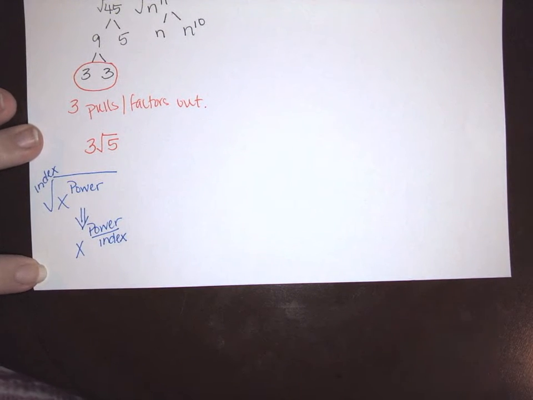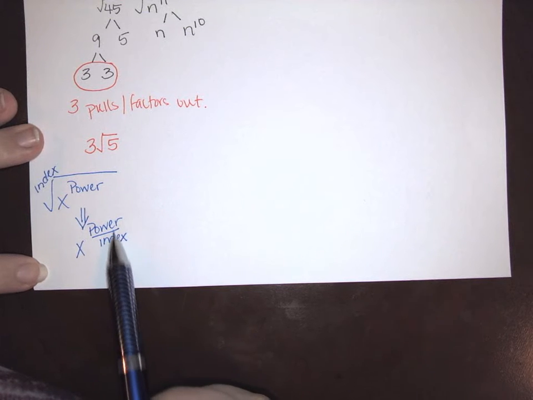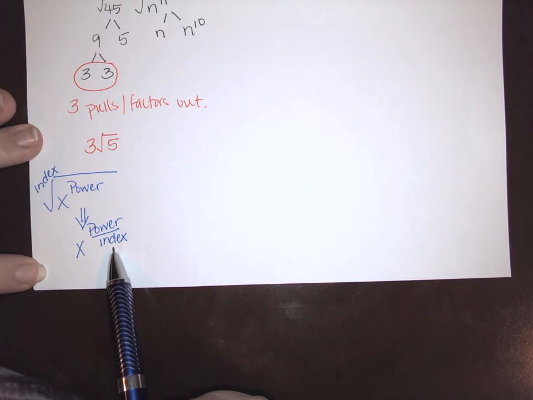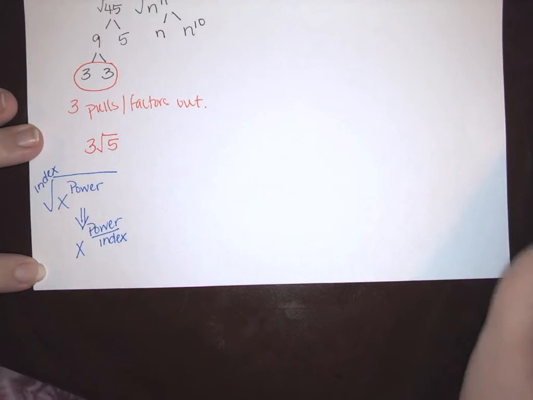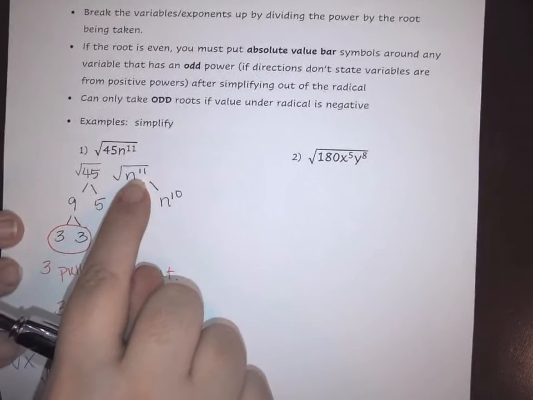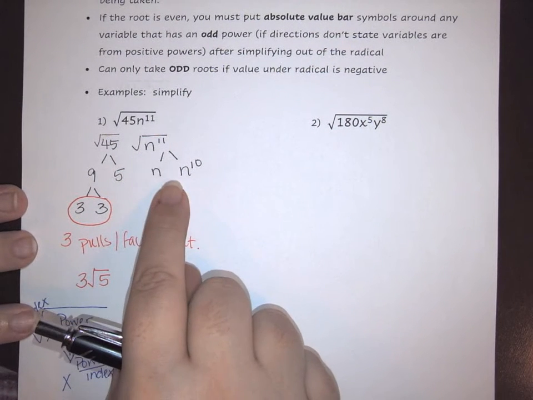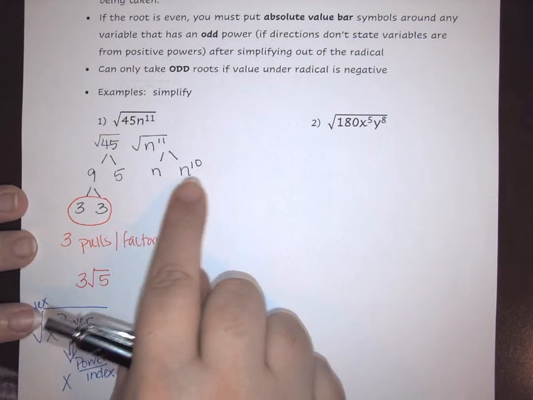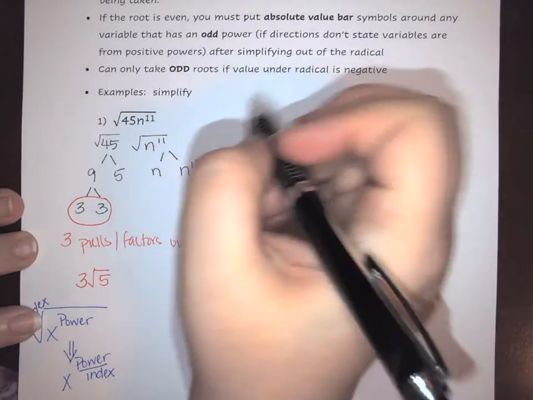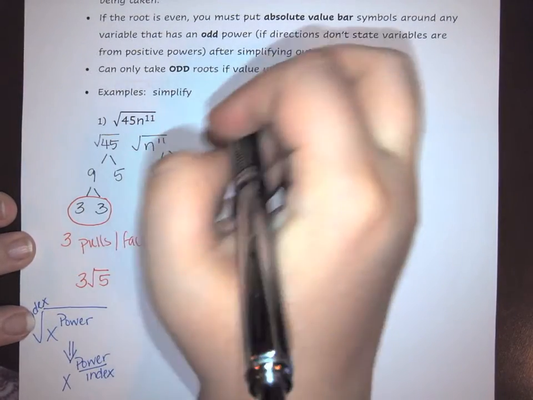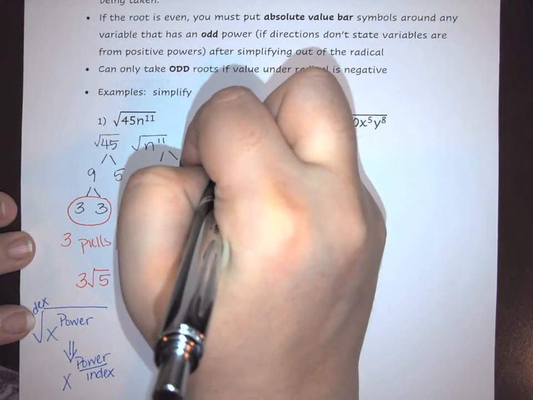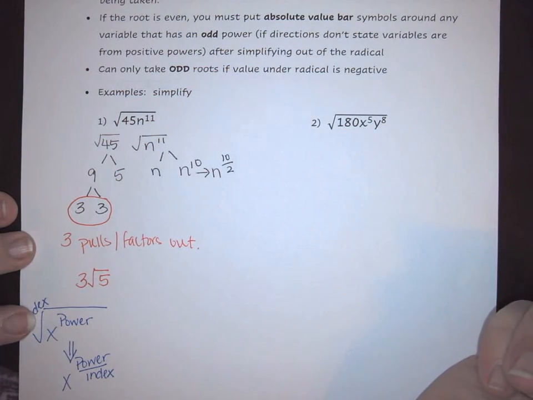And we want to ask ourselves if that reduces, meaning if it reduces down nicely and does not leave a fraction, then that is your reduced power. But if you get a fraction here, then you need to keep taking one away. So if we look at n to the 11th, 11 divided by 2 is not an even number, so we have to break it down. We break one n out and we have 10 remaining. Then if I have n to the 10th divided by 2, what does that equal?